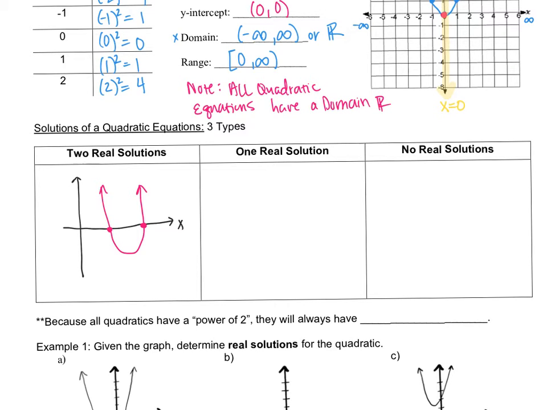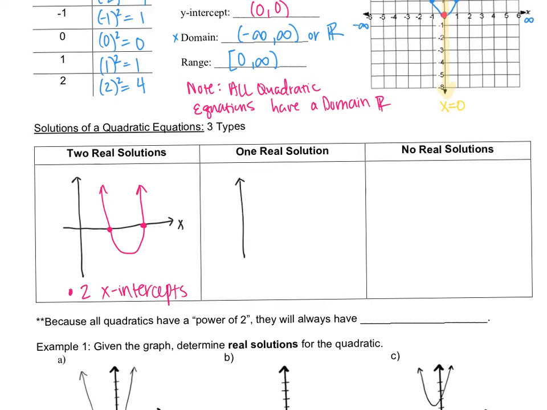Oftentimes when we're solving an equation, we're finding x. So that's why we want to focus in on the x-axis. We can see it crosses at 2 points, and this would be called two solutions. So there are what we call two x-intercepts, and that tells us how many solutions we have.